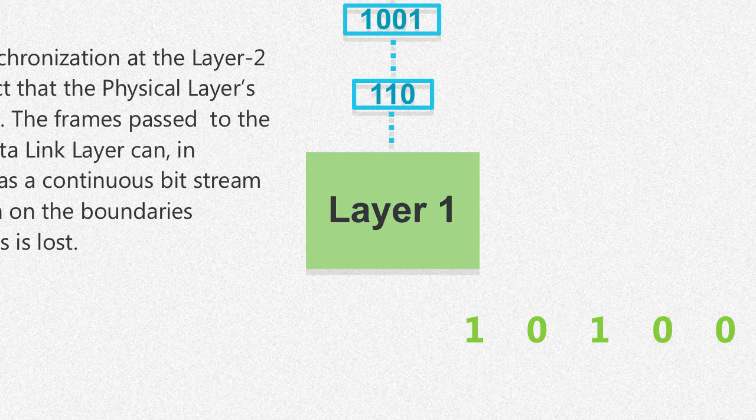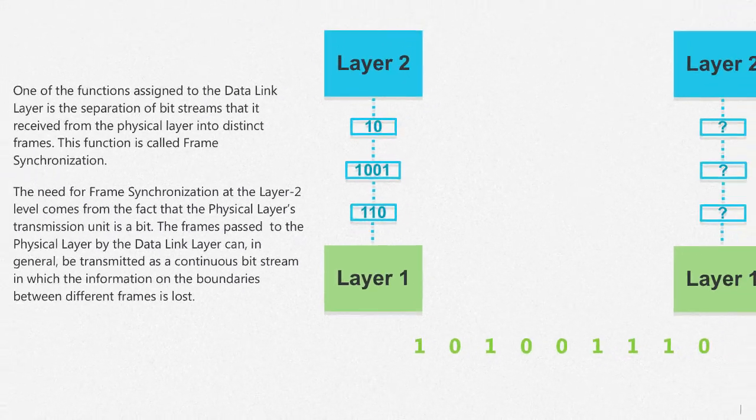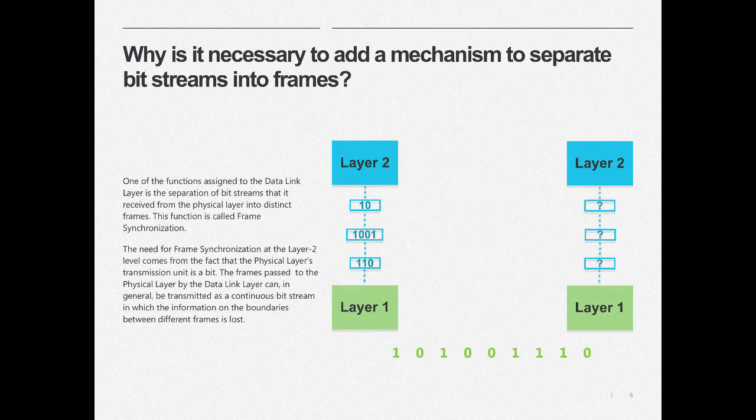Layer 1 will take the sequence of bits and will transmit those bits over the physical channel, which could be of any kind. So it could be fiber optics, twisted pair, or any other type of coaxial cable or any other medium like the air, using electromagnetic waves, for example.